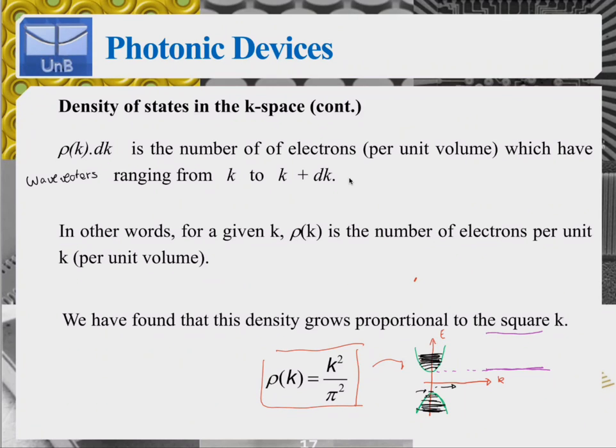So this is the conduction band, and this is, let's say, the valence band, and of course this is energy. The band edge is right here for the conduction band and right here for the valence band.